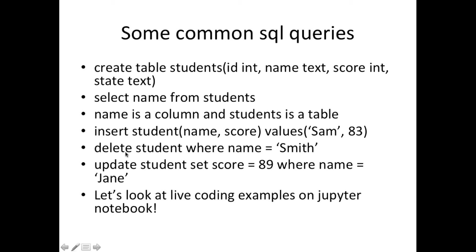Here I have another, a delete query. It says delete from students where name is equal to Smith. So this will go into my students table and then delete the record for a student named Smith. It will delete all the records.